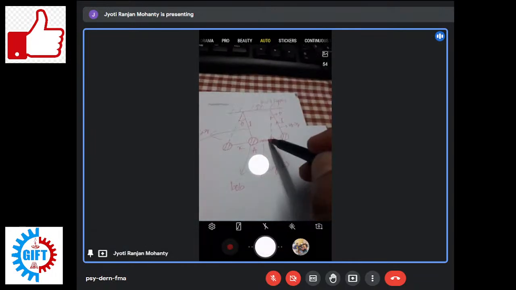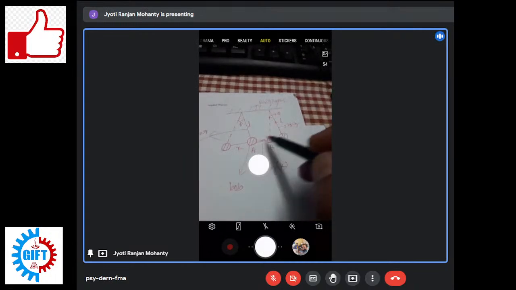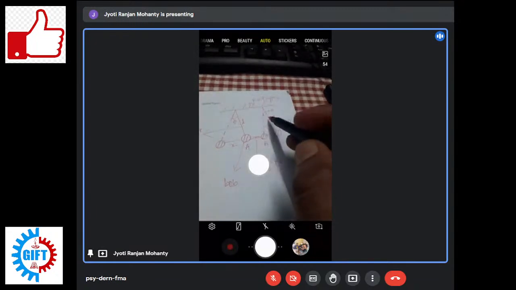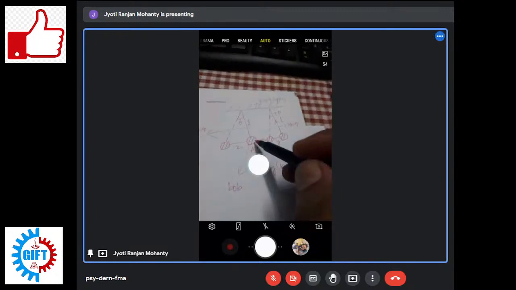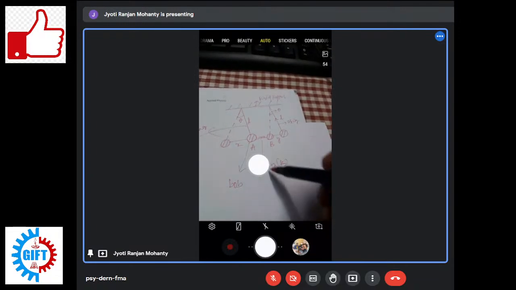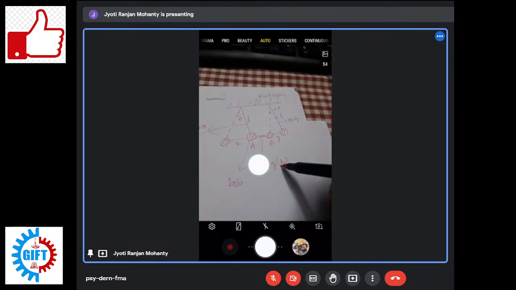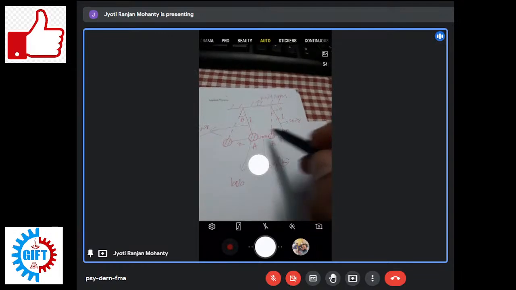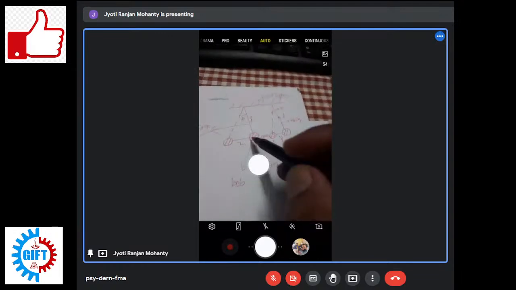And this is the second bob, and both A and B are identical. Identical means same mass and the same length. Both the bobs are attached by a spring having constant K. If you oscillate bob A, the B will oscillate and vice versa.